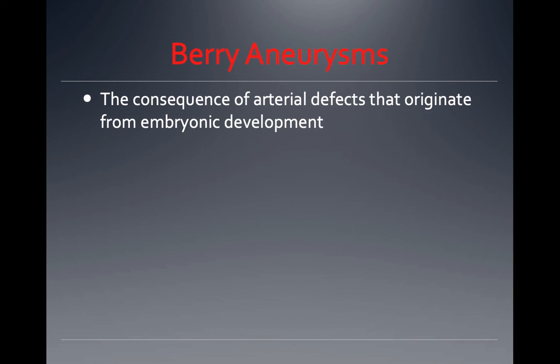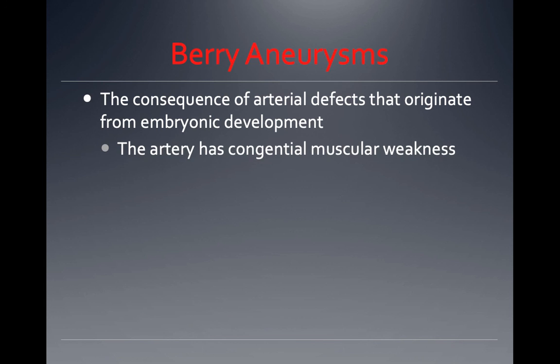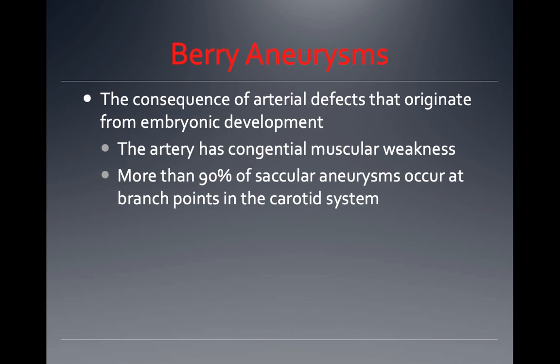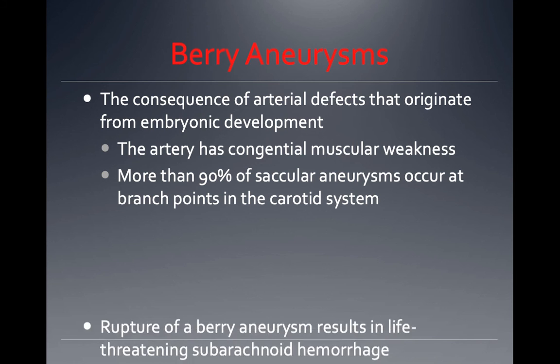And berry aneurysms, this is an embryonic defect in the artery. So the artery has congenital muscular weakness, and more than 90% of these types of aneurysms, where a sac kind of bulges out, occur where the carotid arteries or some kind of artery is going to branch.